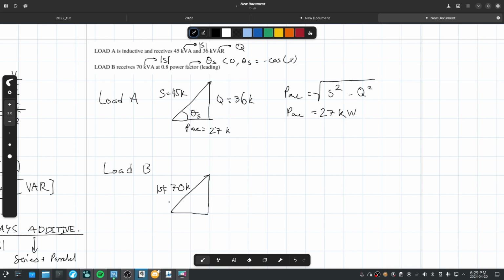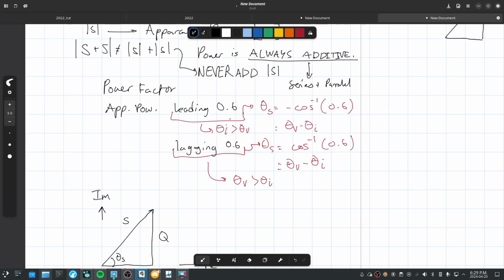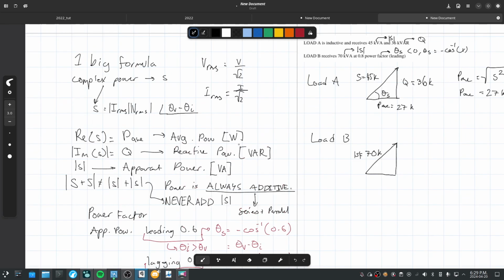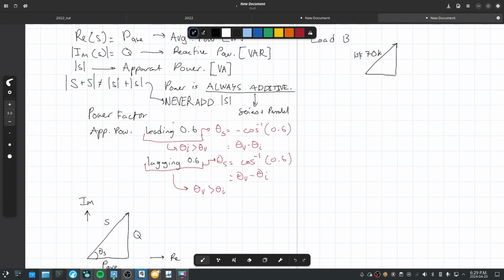Would it be just cosine of x if it was lagging? Yes, it would be. Oh, sorry, this is cosine inverse. Here's the formula: leading is negative, lagging is positive.